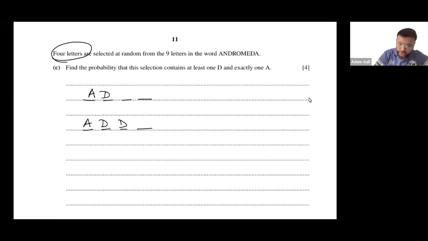Now, you can't have another A or D over here. So four letters are gone out of the remaining. Okay. So cancel out A's and cancel out D's. So this is what you should do.